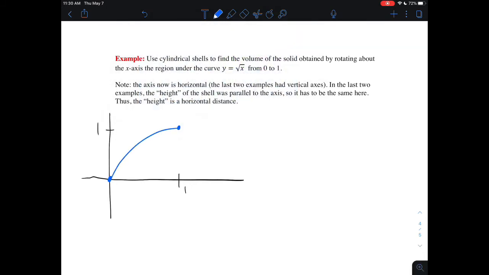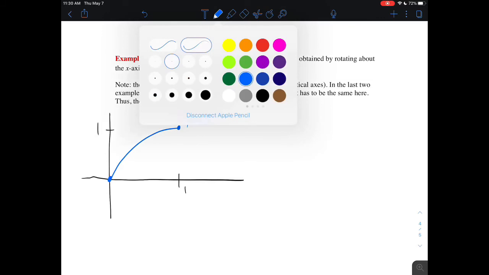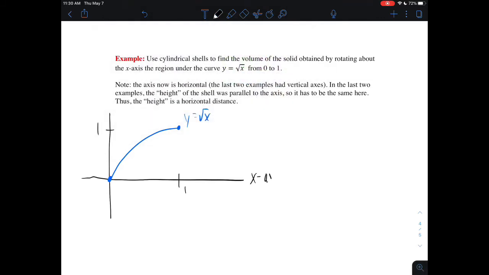So there's our function, y equals square root of x. Now we are rotating about the x-axis. So that's our horizontal axis. So if you think about what this would look like, like a parabolic dish, essentially.